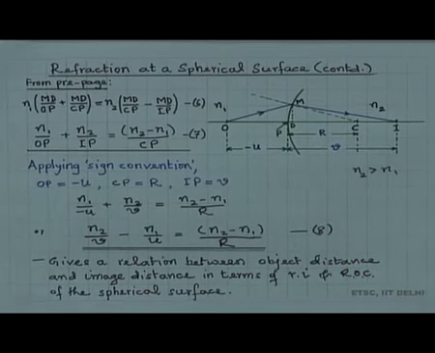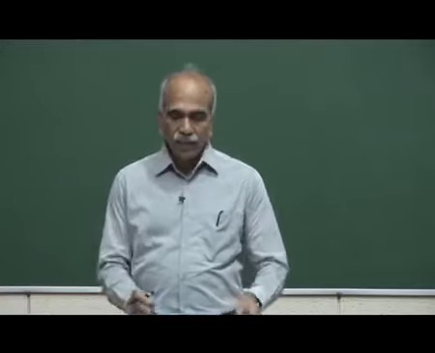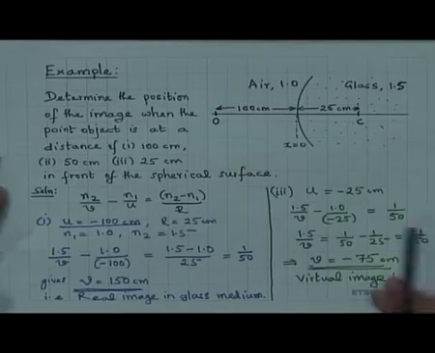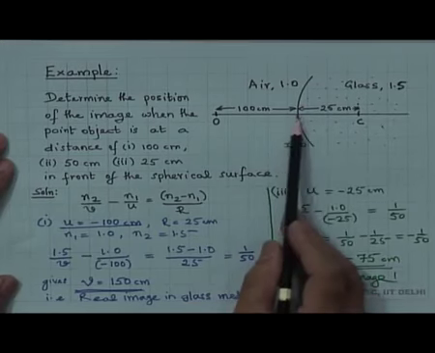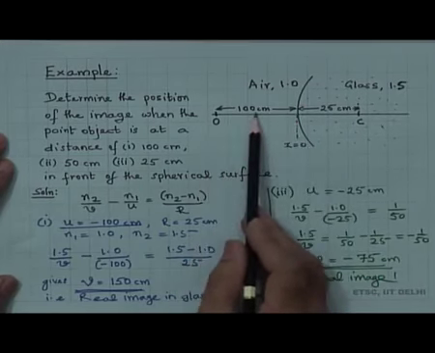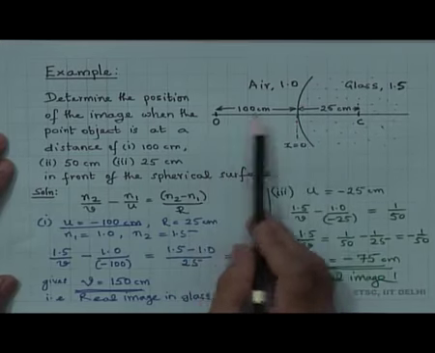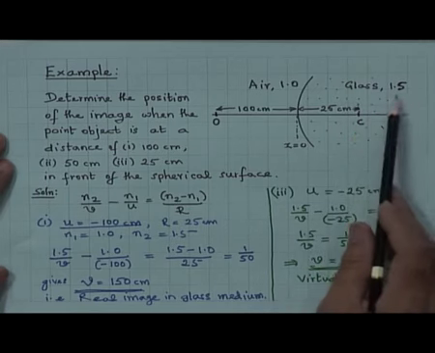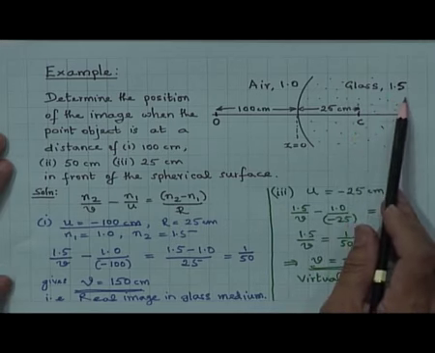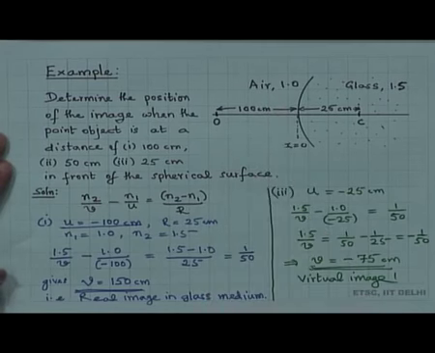So, let me take a very quick example here. Here is a spherical surface and an object is at a distance of 100 centimeter. The radius of curvature of the spherical surface is given as 25 centimeter. The material is glass with refractive index 1.5 and outside it is air with 1.0.